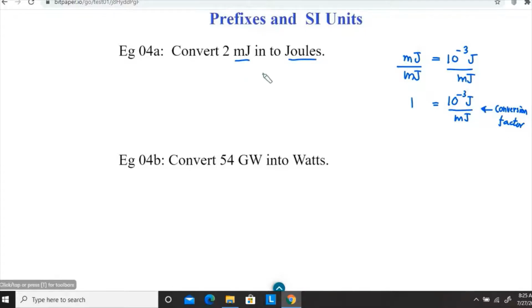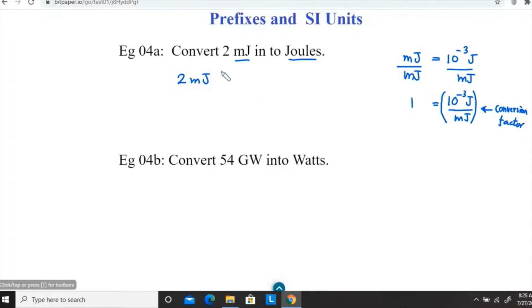Now this example is a very straightforward one, but later on I'll do some complicated ones where you'll see the importance of identifying the conversion factor and multiplying by the conversion factor in order to make the transformation. So here, this is what I'm going to do. I'm going to write 2 millijoules and I want to convert into joules.